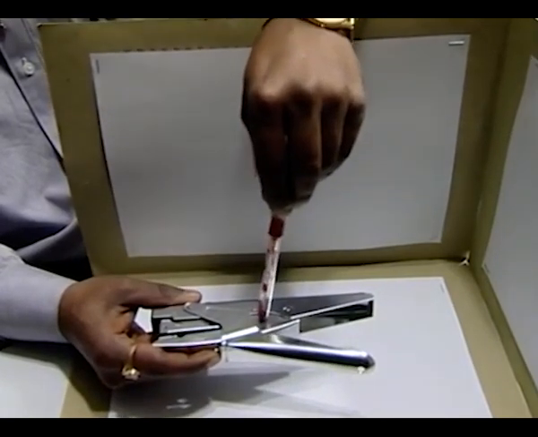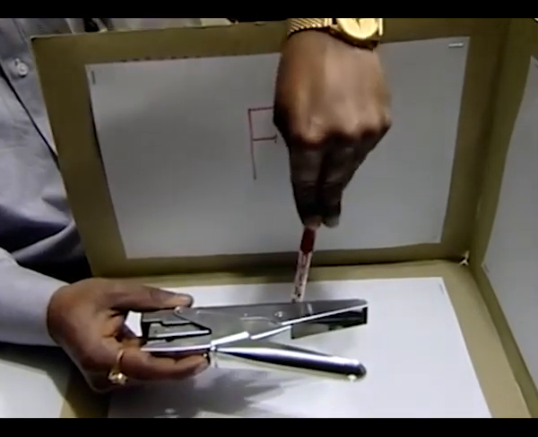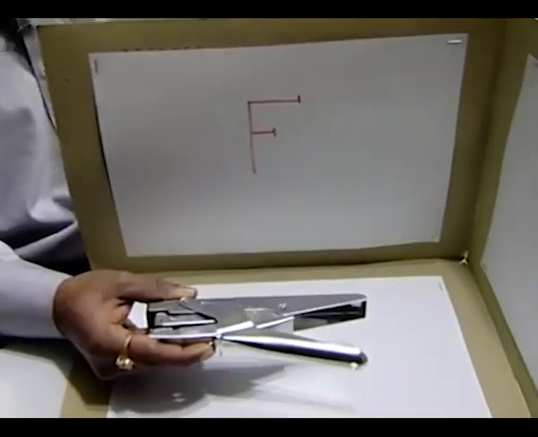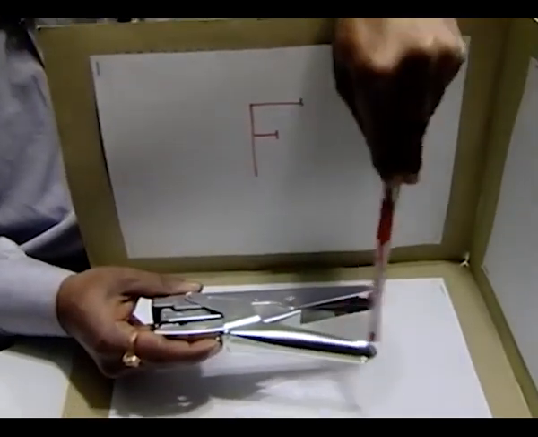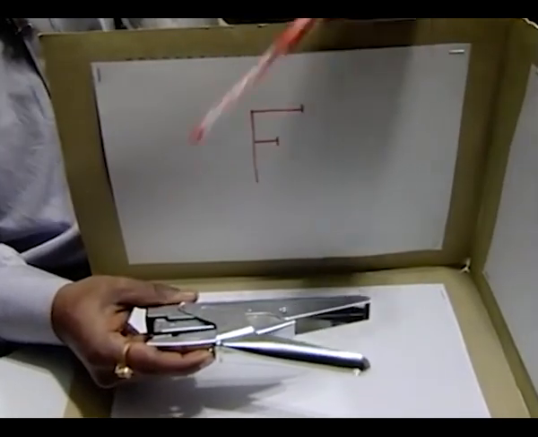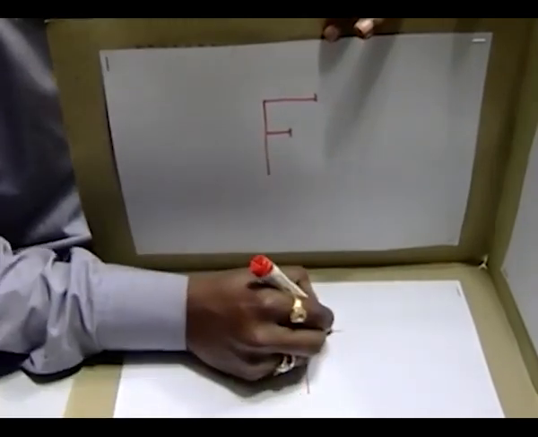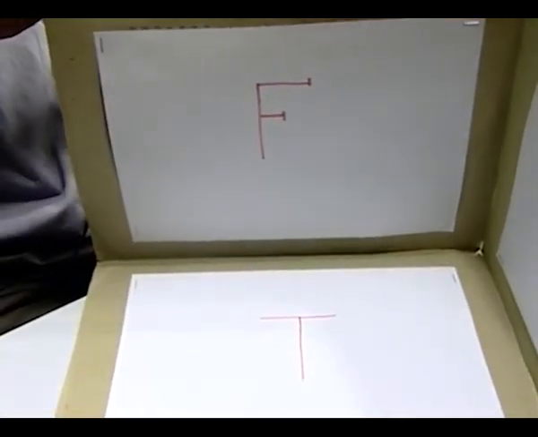The object is allowing those projections through itself, and the projections are hitting on this plane. In other words, this plane will capture the top view of this object. Let me write this down again. We'll have the top view of the object.